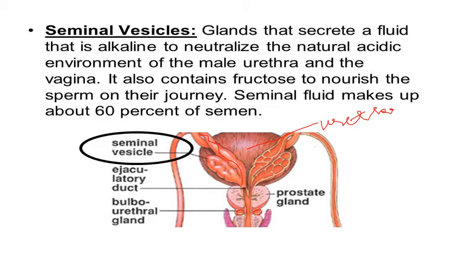Let me tell you one thing more. The ejaculatory duct carries the sperms, as well as the seminal fluid. That seminal fluid makes up about 60% of the semen, which means 40% is sperm and 60% is seminal fluid. So this is also a most important thing from the seminal vesicle.